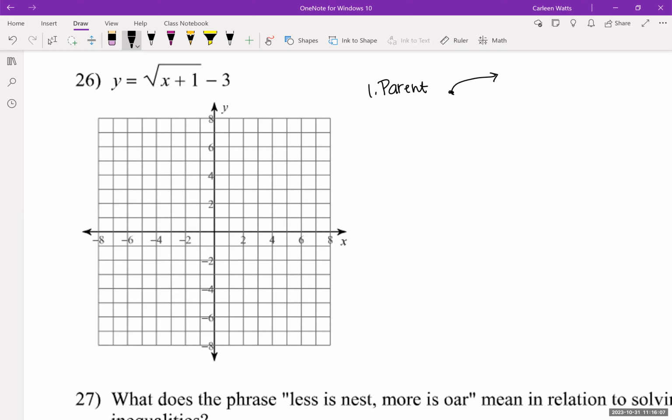What is the vertex? Correct. Zoomers, what's the vertex? -1, -3. Okay, -1, -3.